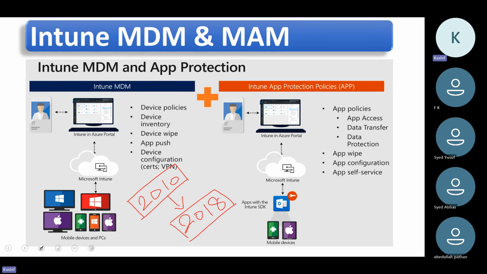Most of the companies had already migrated to Intune from AirWatch or from different MDM and MAM applications. After COVID-19, it accelerated. It's now moving like a monster. It is the leading product in terms of managing mobile devices and mobile applications.